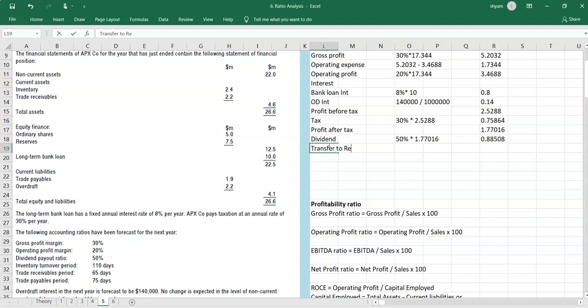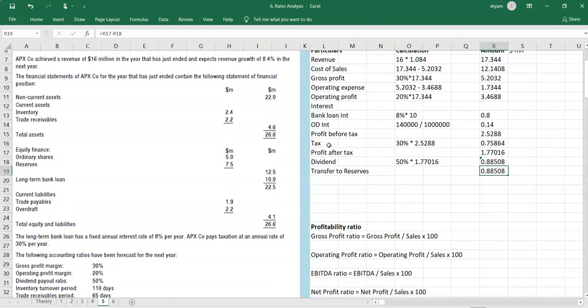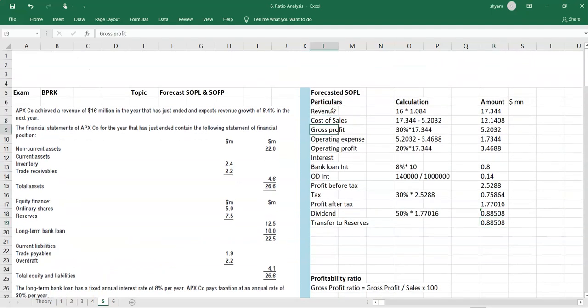The balance would be transferred to reserves, or transfer to retained earnings. So it would be 1.7 minus this, the same number only. Just highlight certain numbers.